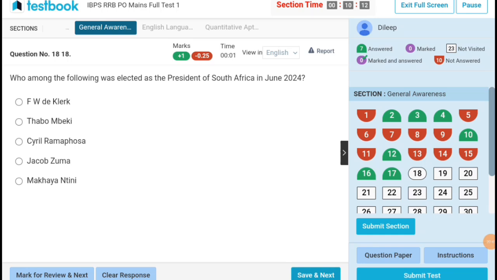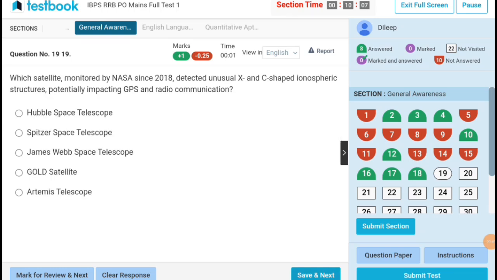Who among the following was elected in South Africa? Which satellite monitored by NASA since 2018? Hubble and James Webb. Which satellite monitored by NASA since 2018 detected unusual X and C-shaped ionospheric structures?